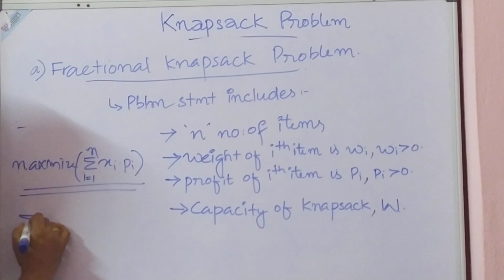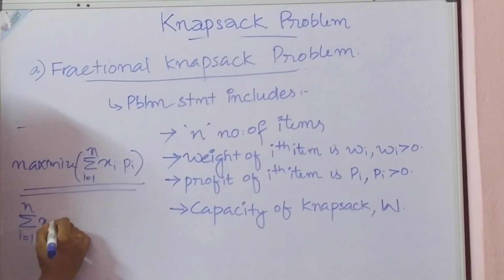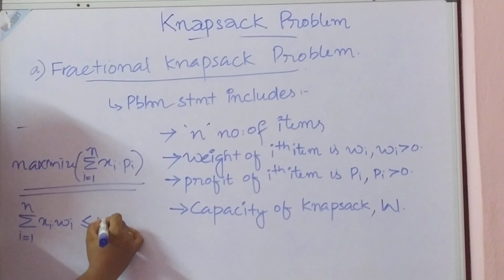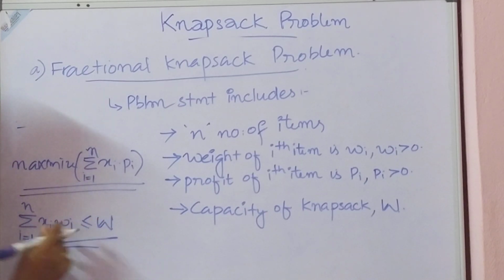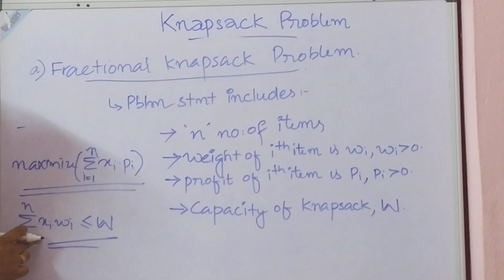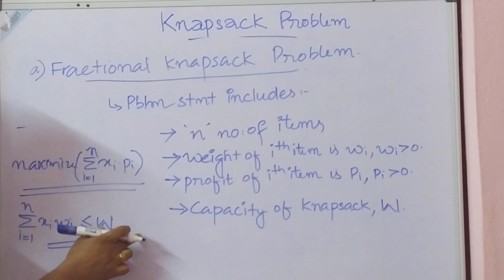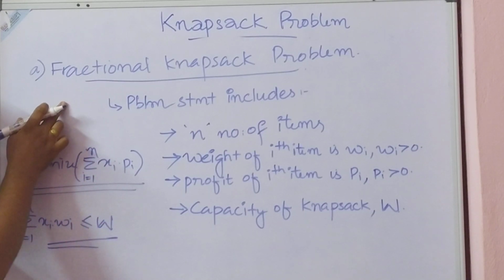The constraint is that summation i equal to 1 to n of xi into Wi should be less than or equal to the total weight. That is, the total weight of the selected fractions of items should be less than or equal to the weight of the knapsack. That is the fractional knapsack problem.